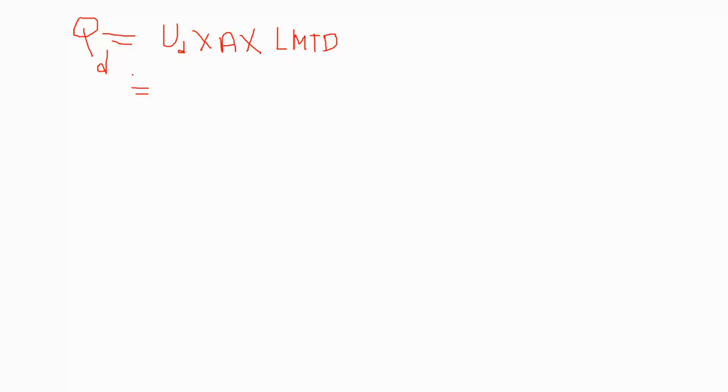It is 21.34 times pi D L, where D is 0.02, L is 60 meter, and LMTD remains the same, 24.66. When you calculate this in your calculator, you will get 1984 watt.